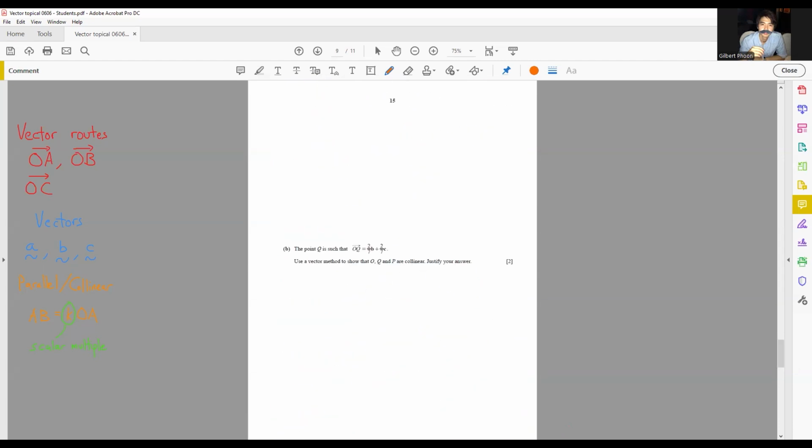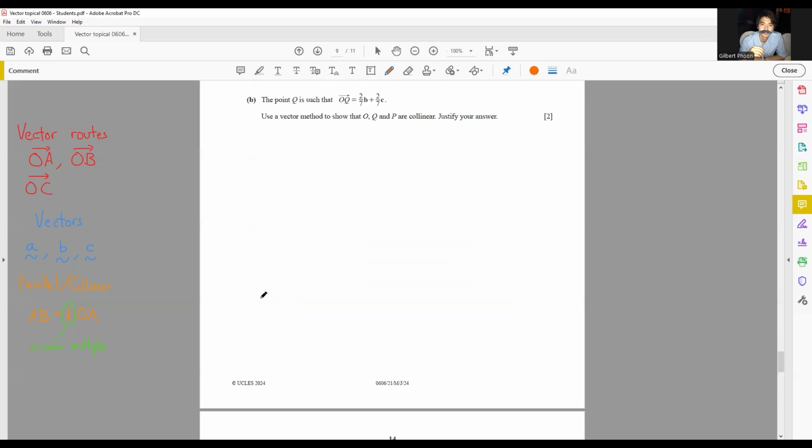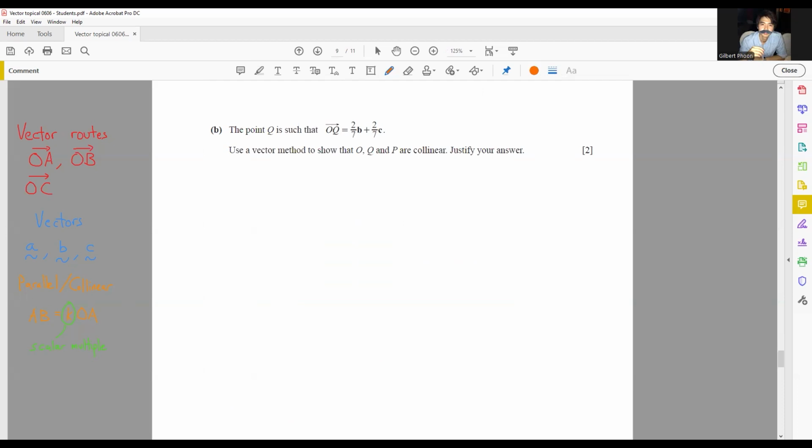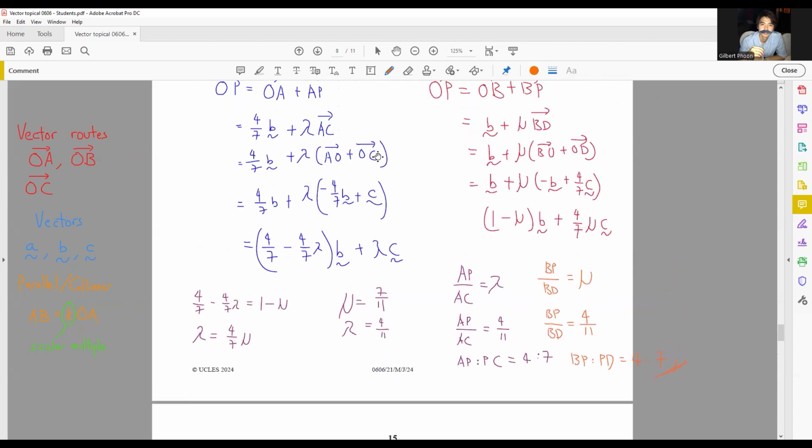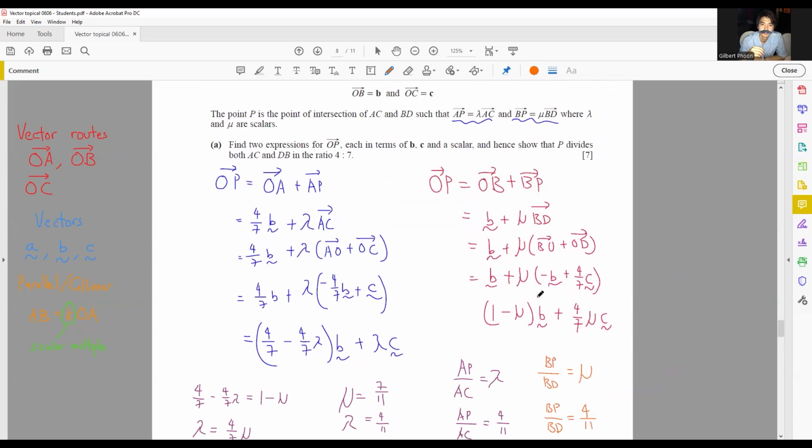The point Q is such that OQ is equal to 2 over 7 B plus 2 over 7 C. Use a vector method to show that O, Q, P are collinear. Justify your answer. So, as mentioned, collinear is when you have a multiple of each other, right? Then, from our previous equation, OP is equal to either this equation here or this equation here.